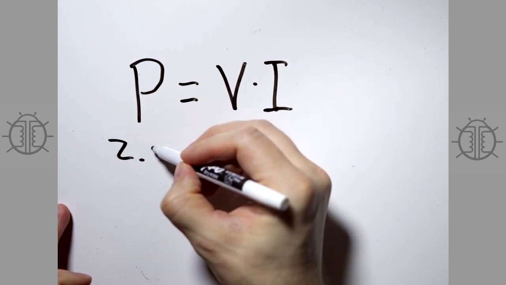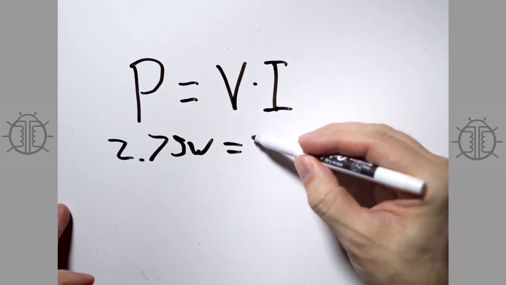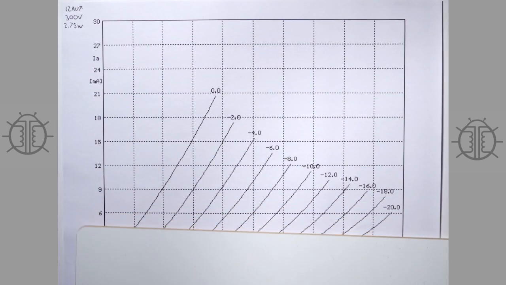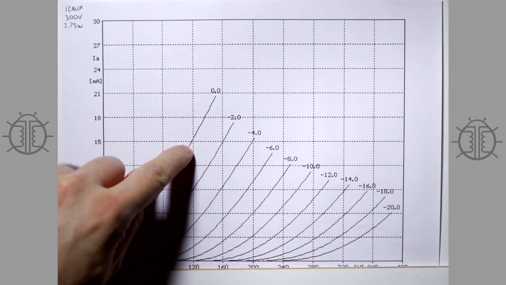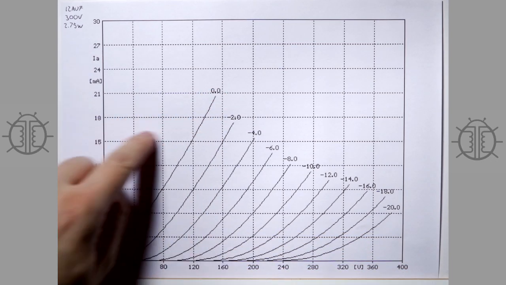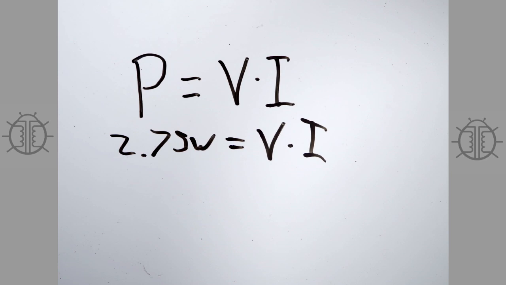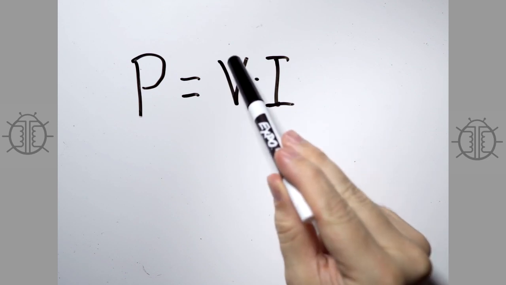So 2.75 watts equals V times I. And so you'll notice that for each one of these lines, there's a point at which it's going to intersect a voltage and a current that is 2.75 watts. And so you can redraw this pretty easily because it's volts times amps.